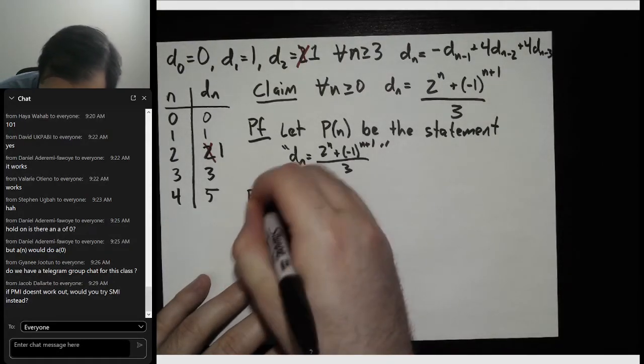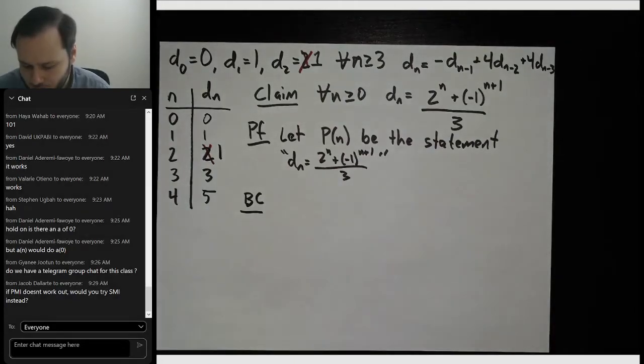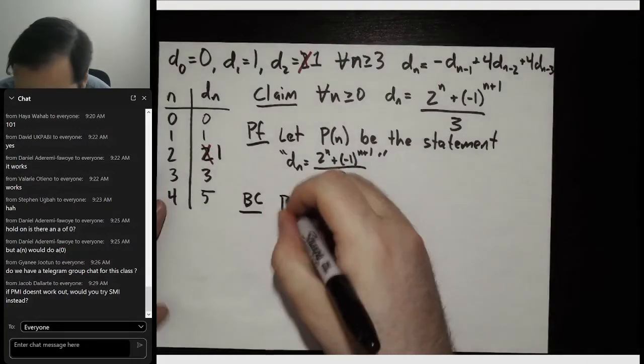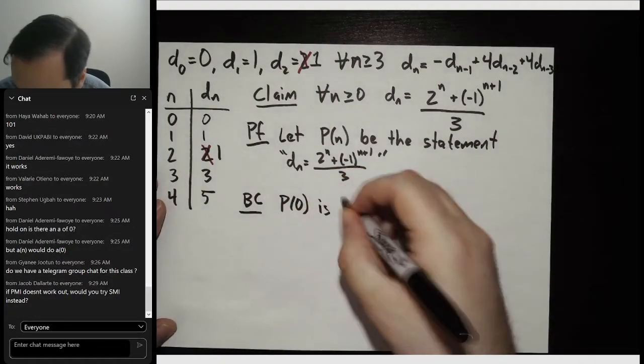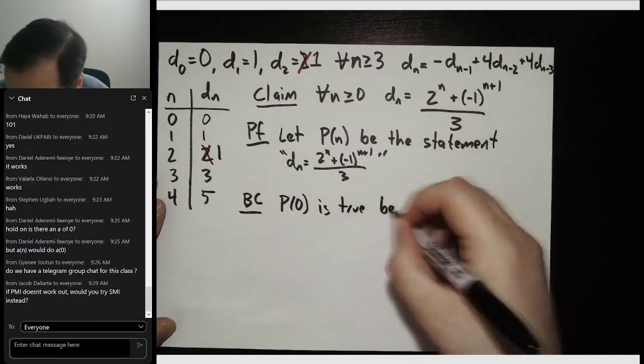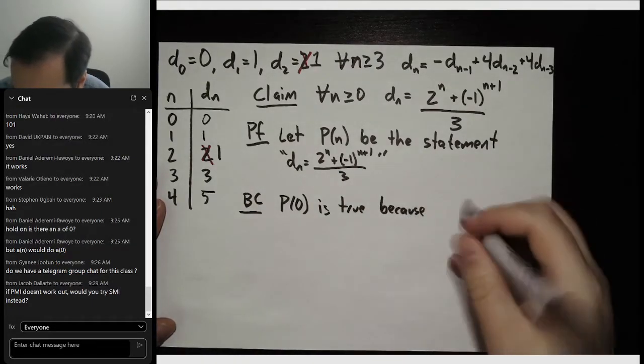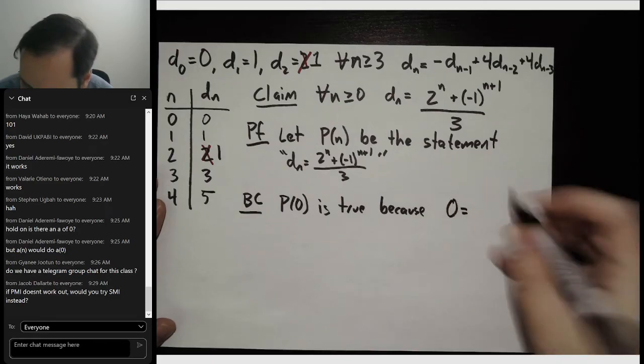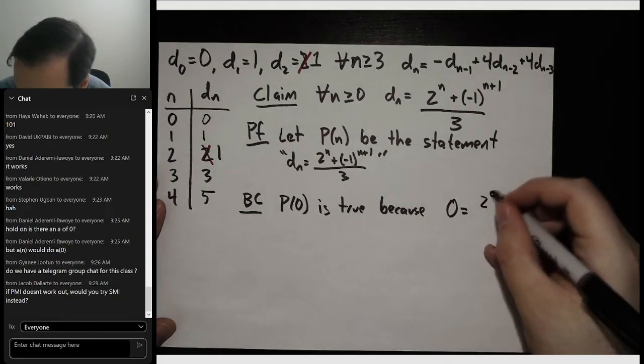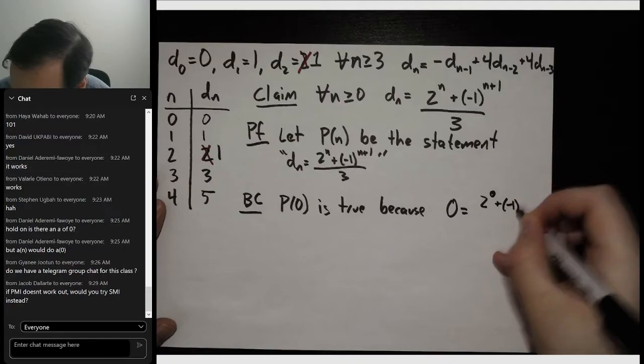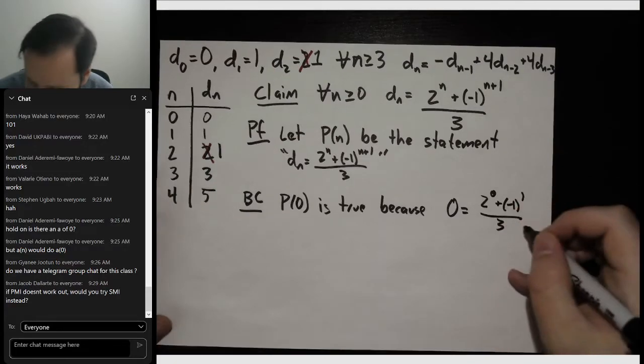Well, when it comes time to do my base case, I can say P of 0 is true because 0 is equal to 2 to the 0 plus negative 1 to the 1 divided by 3.